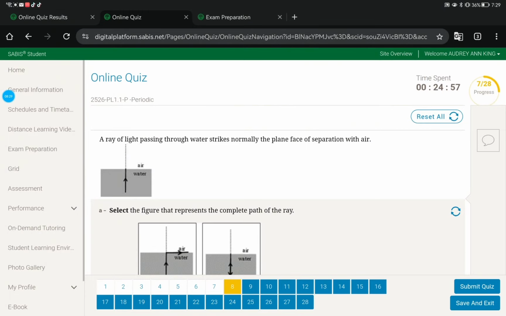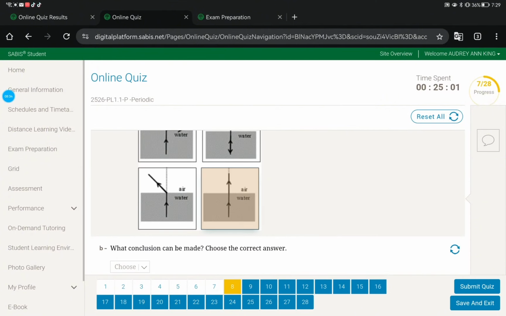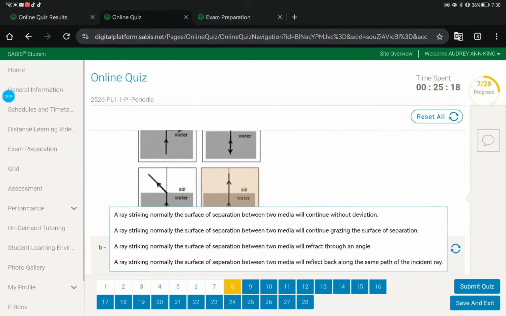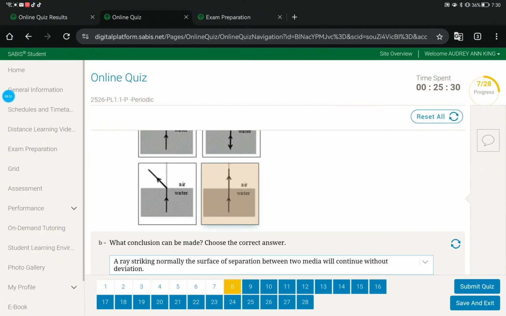So that means the angle of incidence and the angle of refraction are both gonna be 0. So that's why it's this one, because it strikes normally. What conclusion can be made? Okay, so basically if it's continuing straight, it's not deviating. Deviating is just another way. So rays striking normally at the surface of separation between two media will continue without deviation.